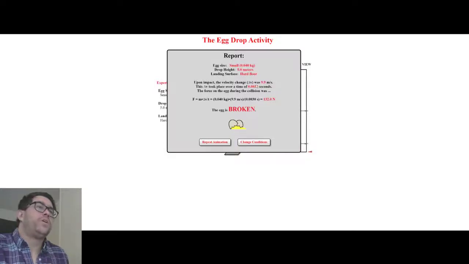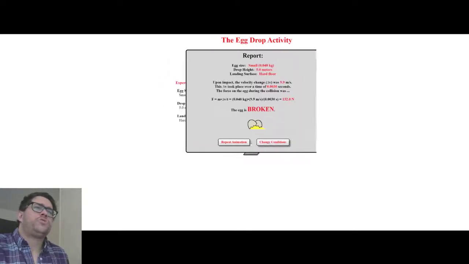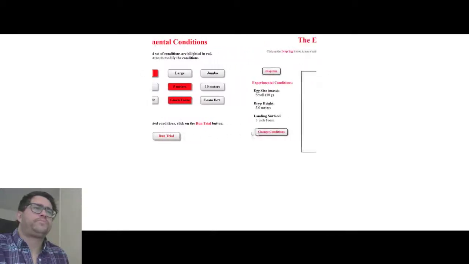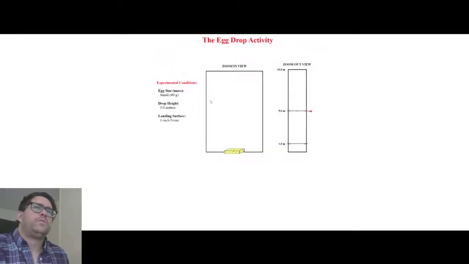This is very hard to calculate, right? You need really good equipment to find it. That's why we're given this to work with. Change the condition. This time we will give it 1-inch foam. Remember the time it was 0.003, I think?